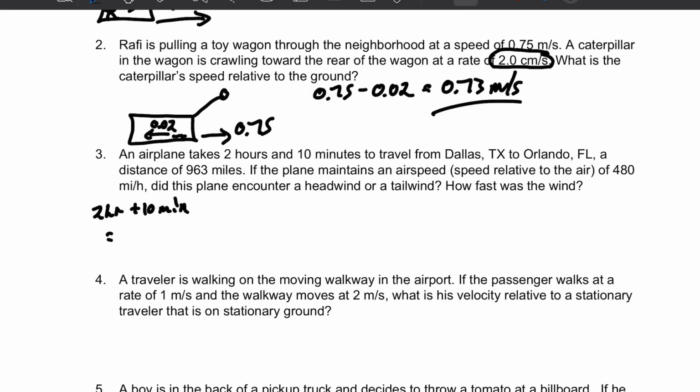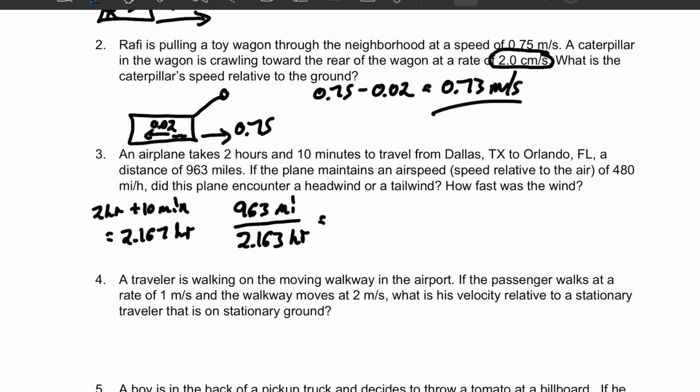2 hours and 10 minutes, let's get this all into a single unit. Normally we use seconds, but since a plane's moving at miles per hour, let's just get everything into hours. So 2 hours and 10 minutes, 10 minutes out of 60, divide that and you get the fraction of 0.167. So the plane has 2.167 hours.